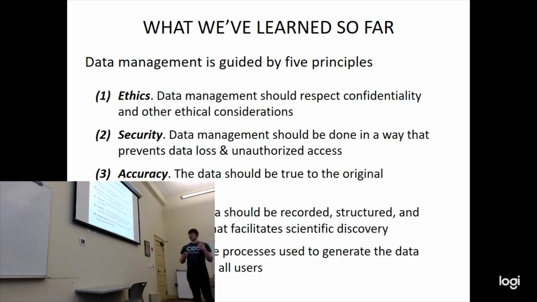The second is security. So I talked a bit about backing up your data, making sure that you're protected against data loss using systems like Dropbox or the Open Science Framework to make sure to duplicate your data.